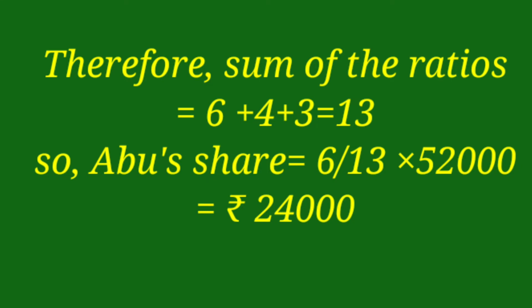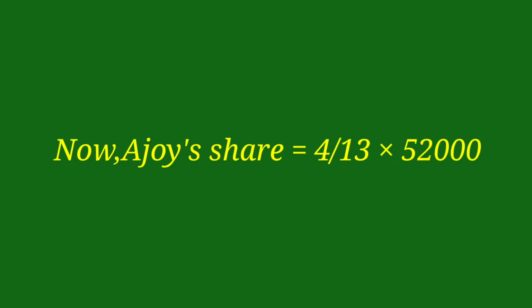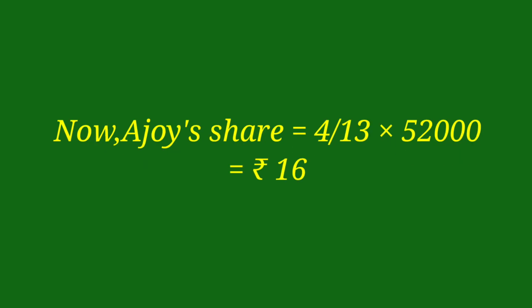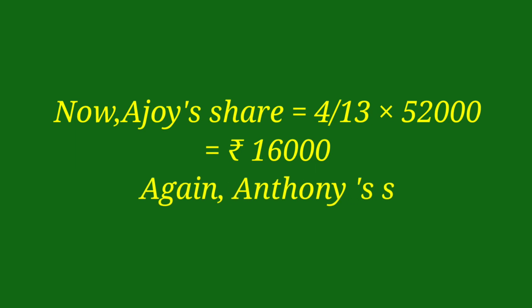So Abu gets 24,000 rupees. You are cancelling 52 by 13, remember. Now what is Ajay's share? A similar method will be followed. 52,000 is the sum of money to be divided. His share is 4/13.